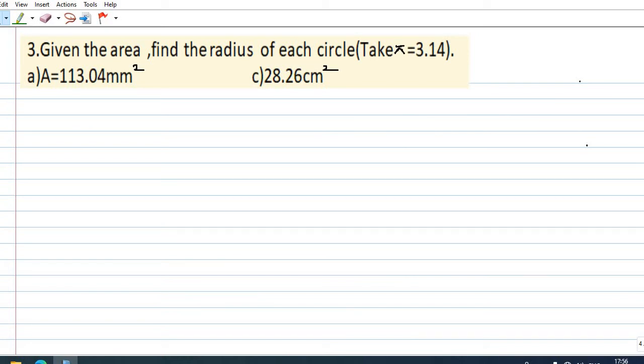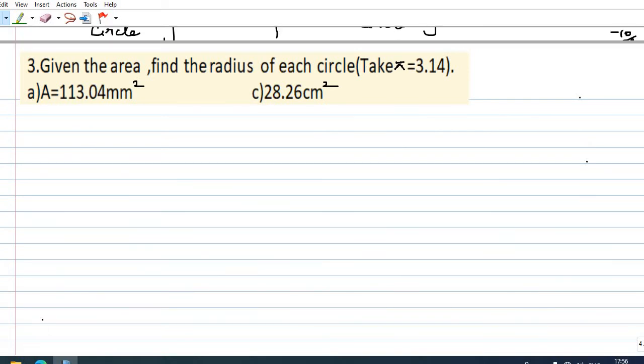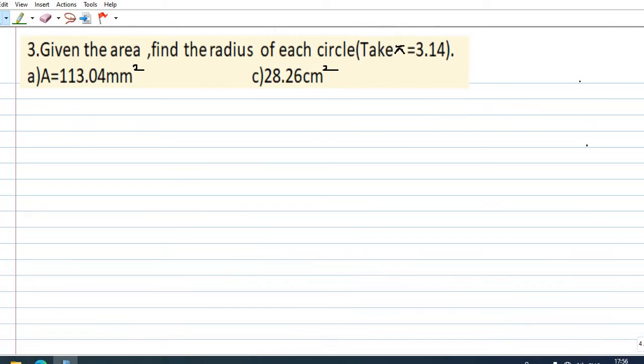See the third sum. Here they are given the area, and I am going to find out the radius. Got it? Area they are given, I am going to find out the radius. So listen.